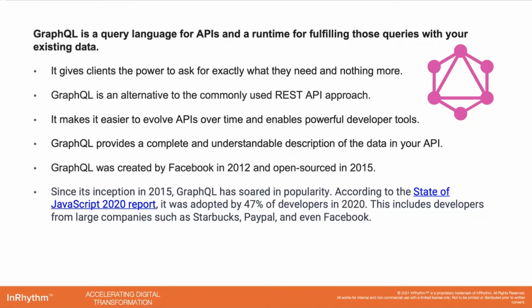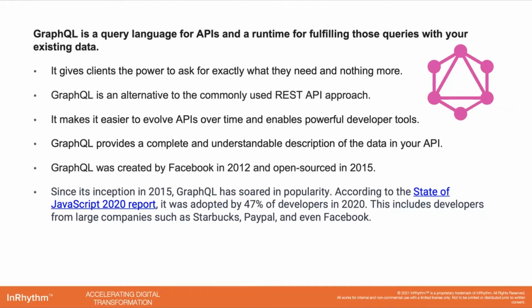If we talk about the history of GraphQL, it was created by Facebook back in 2012. At that time, Facebook was working on app performance issues on low bandwidth networks.